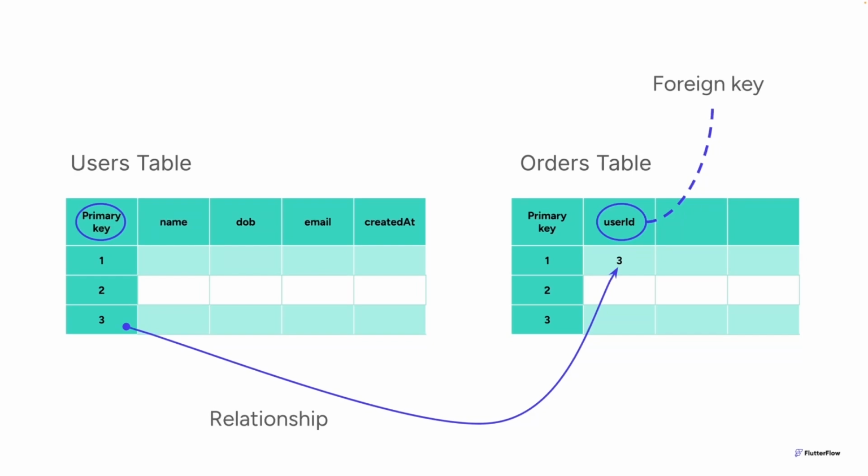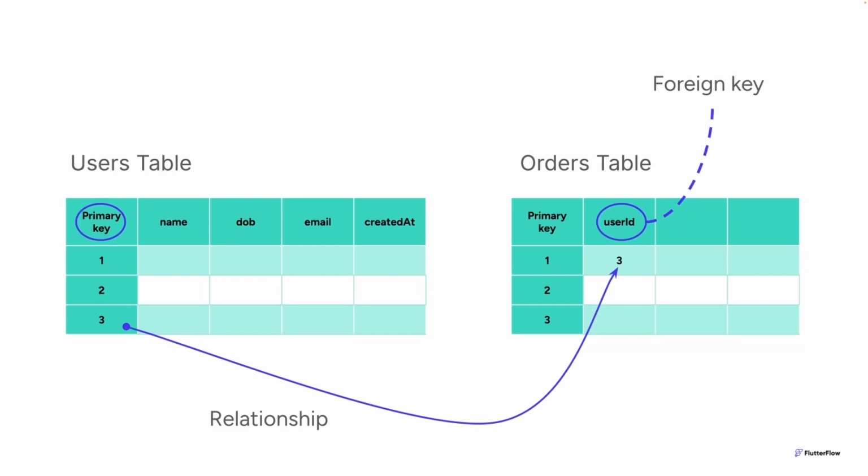This connection is made using foreign keys, a column or a set of columns in one table that references the primary key of another table. That's a foreign key, and this concept creates relationships between tables.